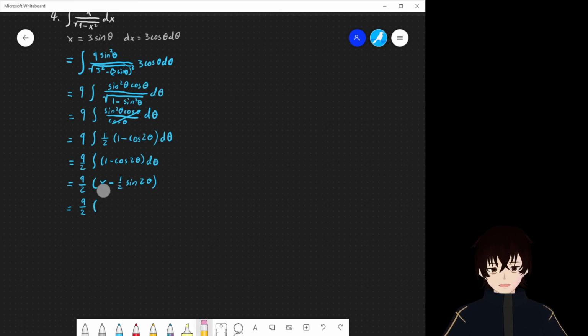First off, I did make a small mistake. That shouldn't be x, that should be theta, not x. Because everything's in terms of theta right now, but we need to plug it back in. So x equals 3 sine theta. That means theta is equal to arc sine of x over 3.